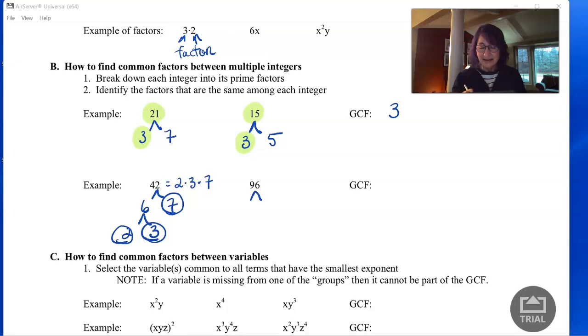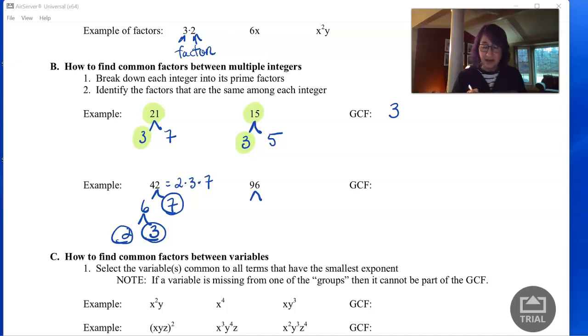Let's take 96. Now, 96 is a larger number, and so people might not be as familiar with what two numbers you can multiply to get 96. So here's what you can do. Look and ask yourself, is this an even number? Well, it is.